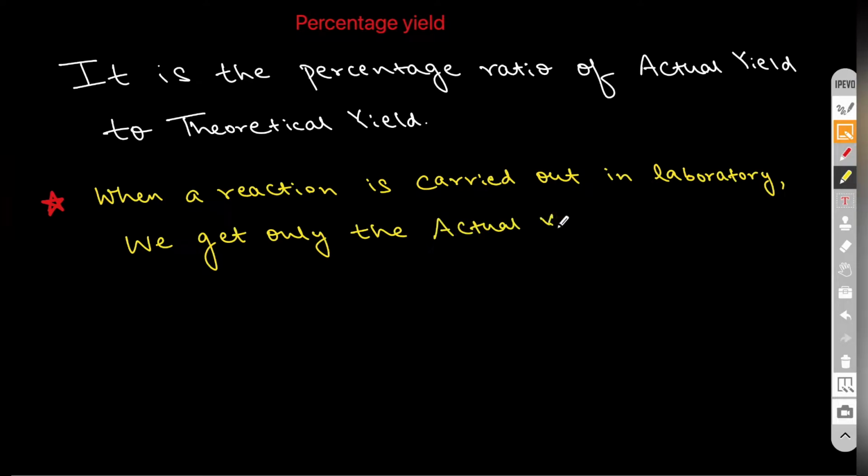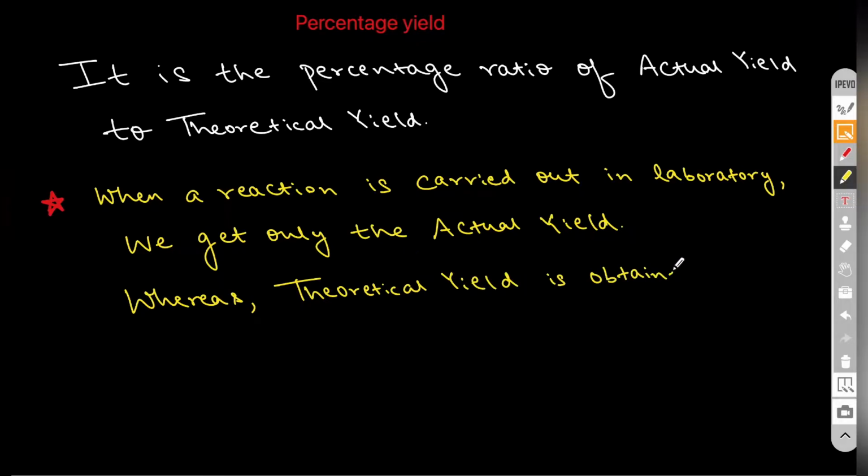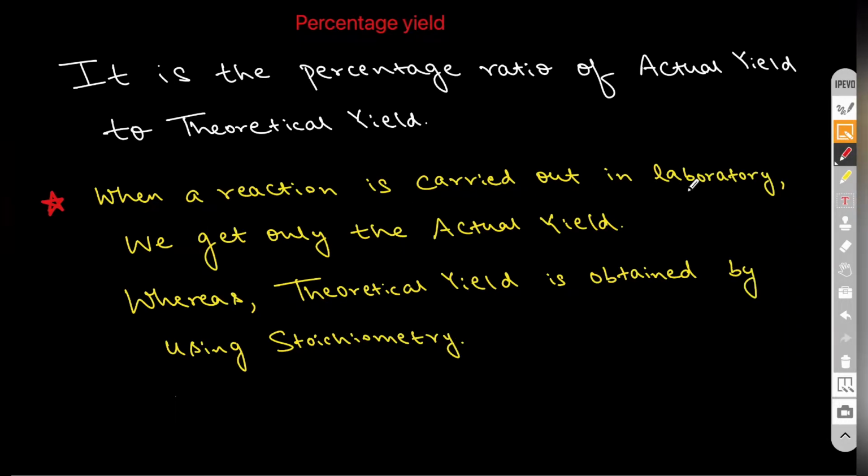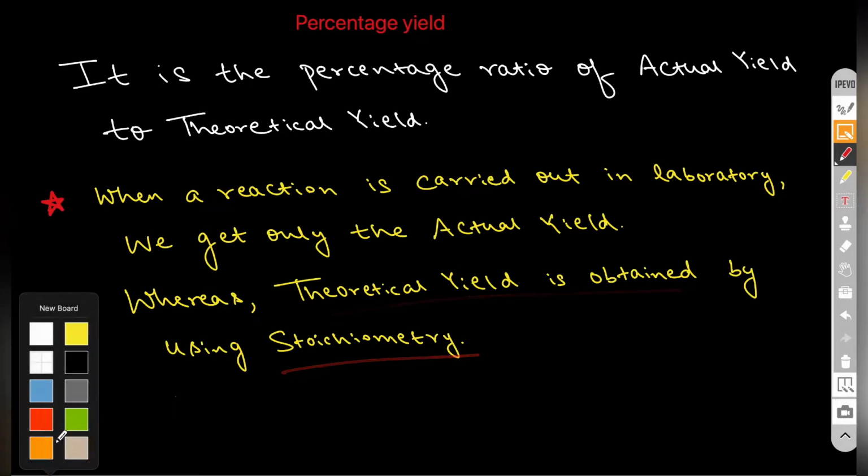So in laboratory we only get the actual yield, whereas theoretical yield is obtained by using stoichiometry. So basically in laboratory we get actual yield, whereas for theoretical yield we will use stoichiometry.